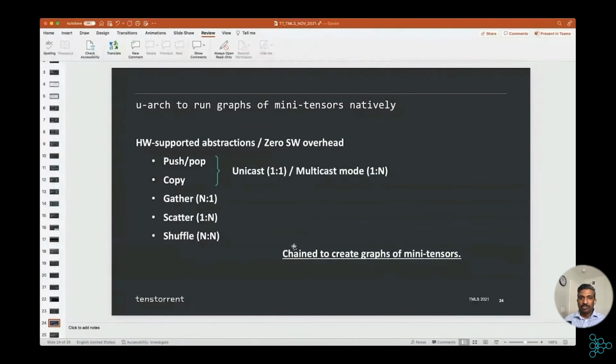In general, as I said about the capabilities of the NOC, it supports a very hardware-supported abstraction, and it provides the ability to push the tensor or pop the tensor. You can do copying, gathering, scatter, shuffle. So as a tensor moves from one chip to another chip, it moves with less overhead.